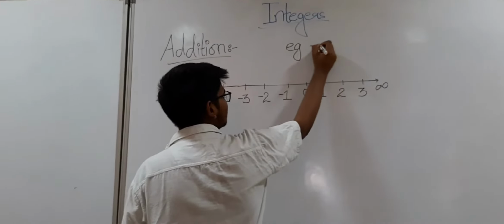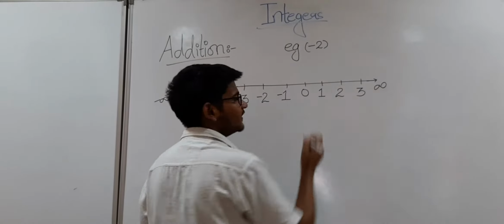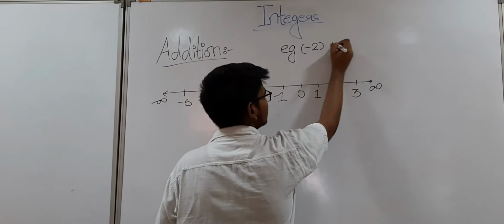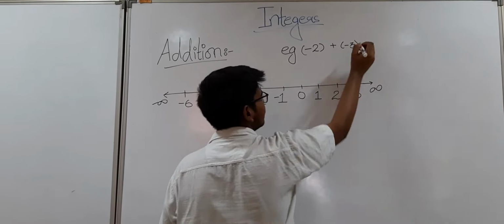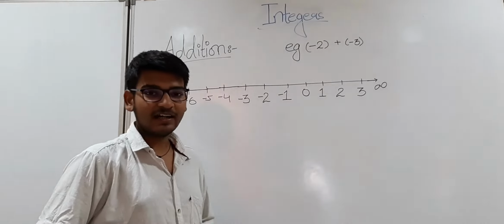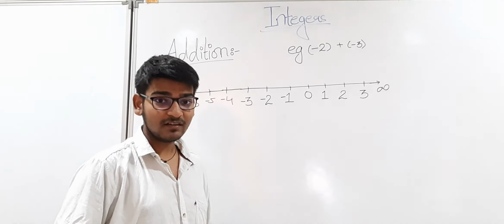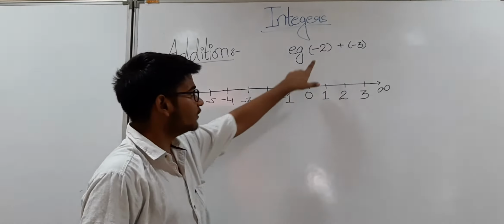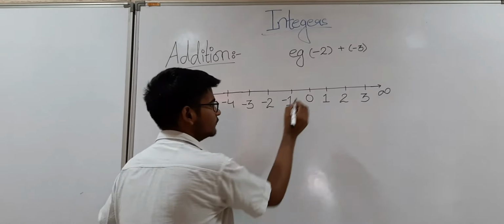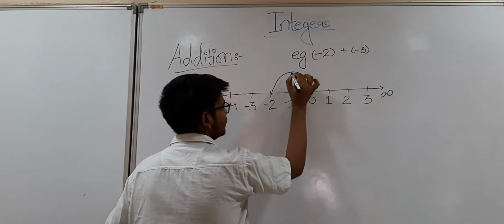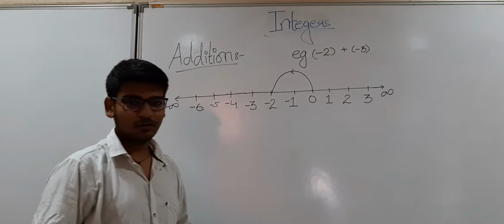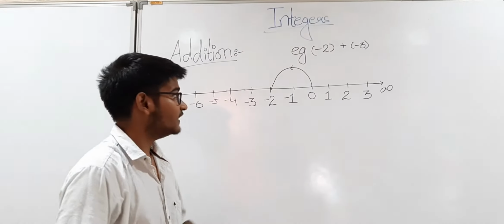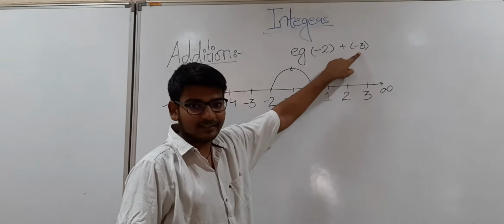Let the example be minus 2, that is an integer, plus minus 3, that is also an integer. Both are negative integers. So first we will jump towards minus 2 from 0. That will be a jump directly from 0 to minus 2. Then we have to add minus 3.